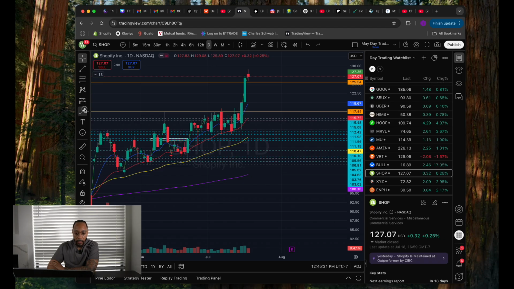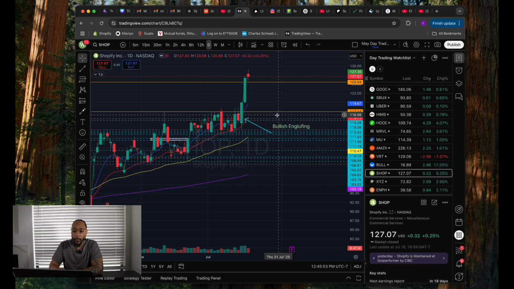So this candle right here is called a bullish engulfing. That's what this candle is. Now, what is a bullish engulfing candle?